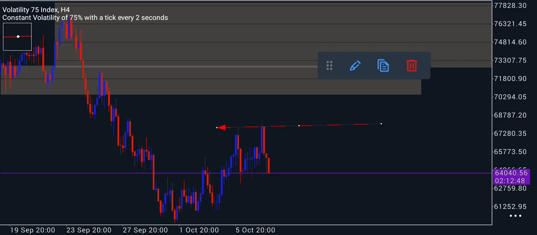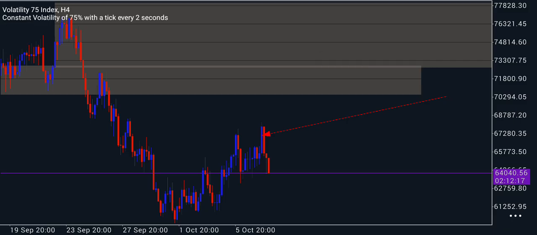Let's look at it. Okay, just like a fake out and a very bullish candlestick, followed by another very bearish candlestick, a tweezer. The bearish and the bullish candle are of the same length. That is to tell you a serious rejection.